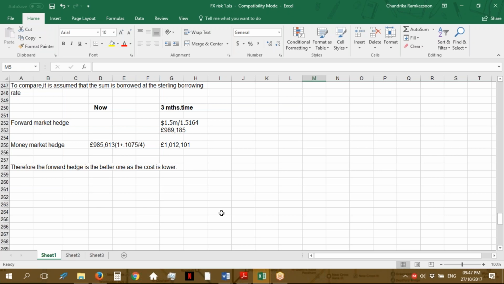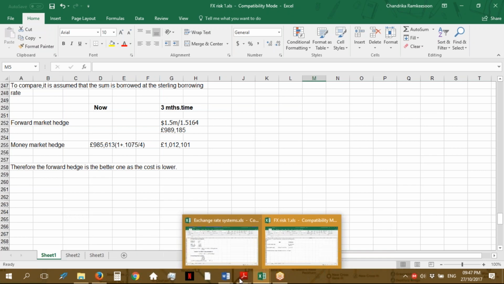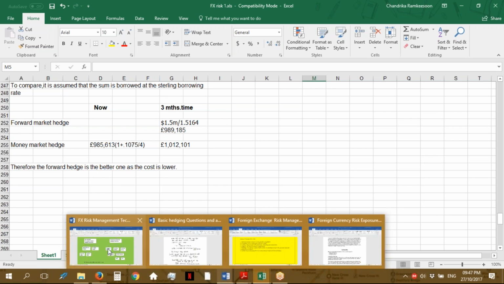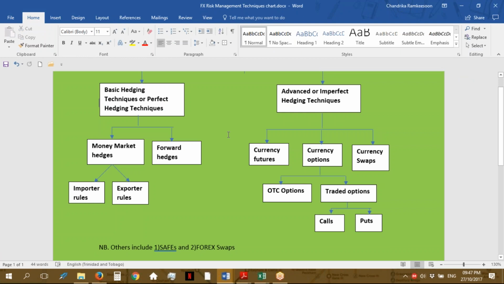Now, because this is where it gets interesting. Let's go to our flow chart here. So we've got futures, options, swaps, options, there are variations in all this.